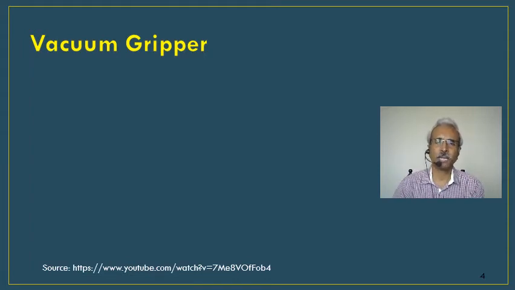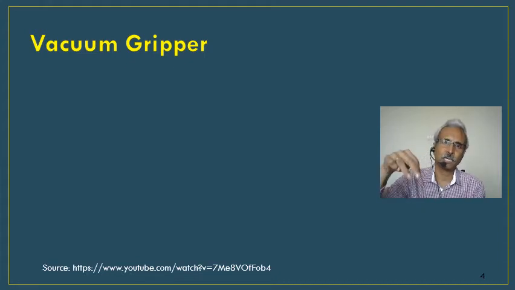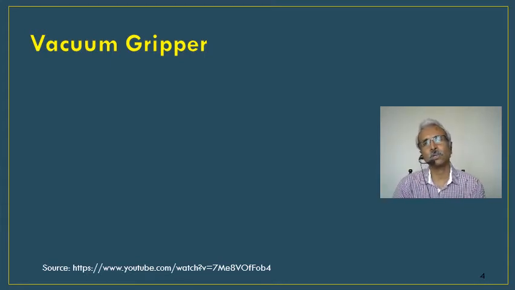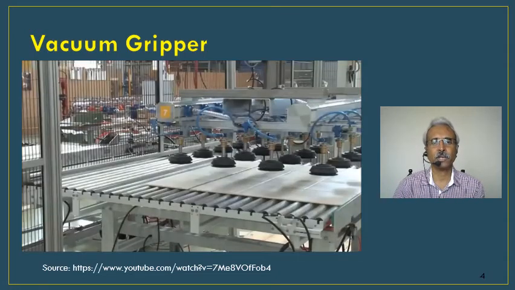Once I play the video, you'll understand. This is also an example of a multiple gripper. Recollect the earlier lecture where we saw a small video with three grippers to grasp, which we called a multiple gripper. The video you're going to see here is also a vacuum gripper, but you can also call it a multiple gripper. I'll play the video here, you can see for yourself.